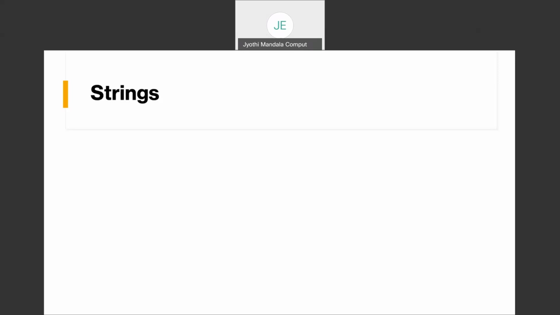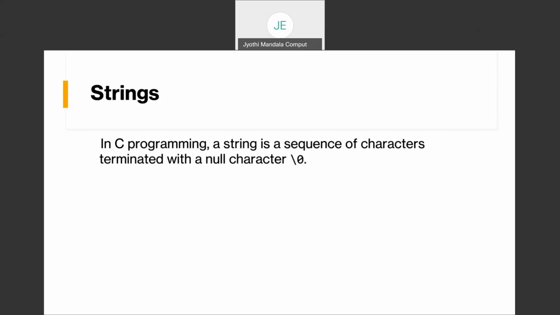In today's class, we'll see about strings. Strings are one of the applications of your array. Now, what actually a string is: if you are storing all the values of character data type, then that array is referred to as a string. I'm repeating once again.